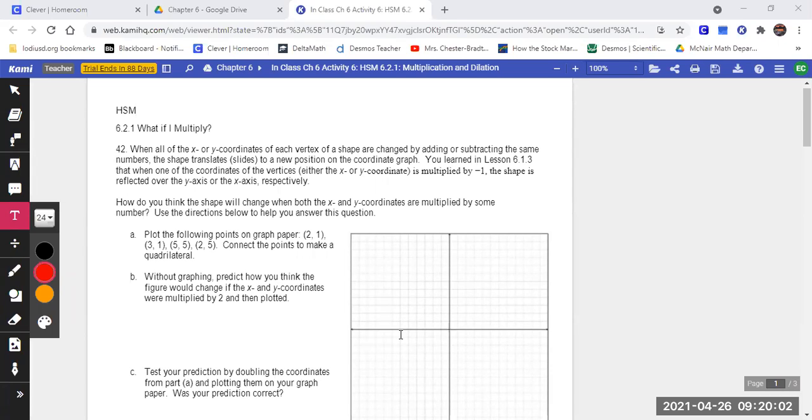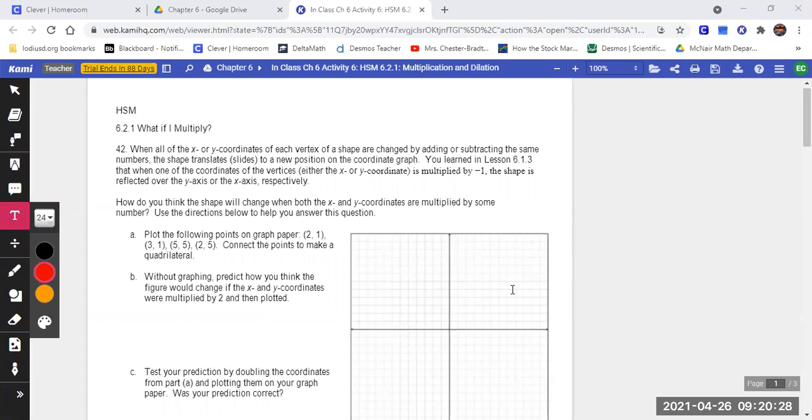Now, when we did those, did it change the size of the shape? No. That's why those were called rigid transformations, because all they did was move it around.